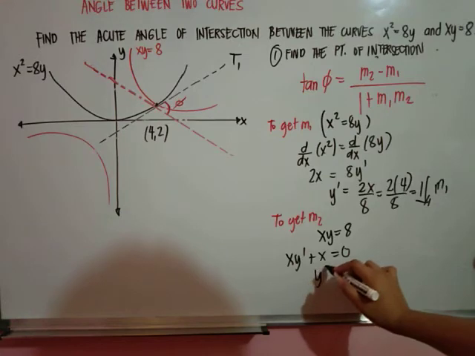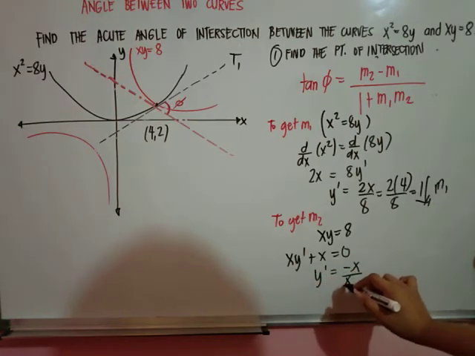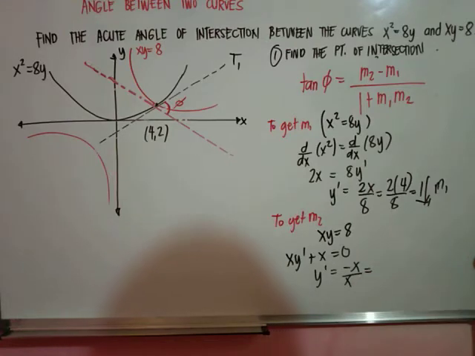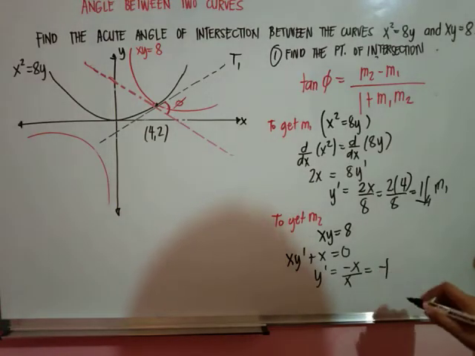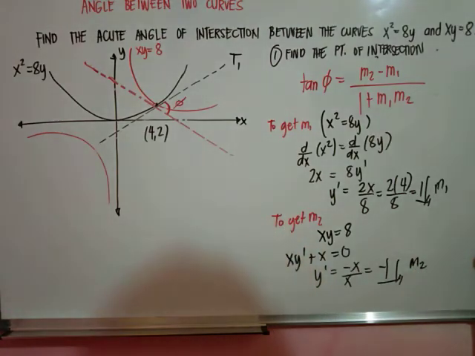So, we have y prime is equal to negative x over x. This is equal to negative 1. So, yung slope naman ng pangalawa is negative 1.